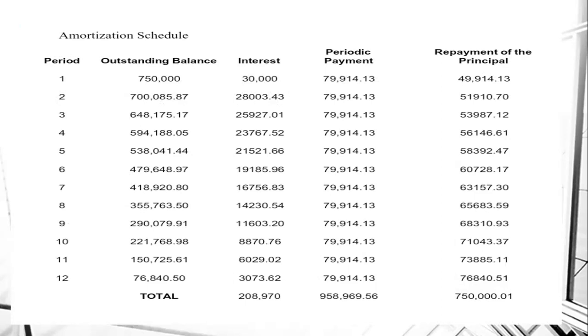I-less mo lang ang 30,000 sa 79,914, makuha mo na ang repayment of principal nga 49,914. Pasunod lang na siya, less mo lang siya sa 750,000, so makuha mo 700,000. Tapos multiply mo sa 0.04, makuha naman ang 28,000. So less mo lang ang 79,914, and so on and so forth.